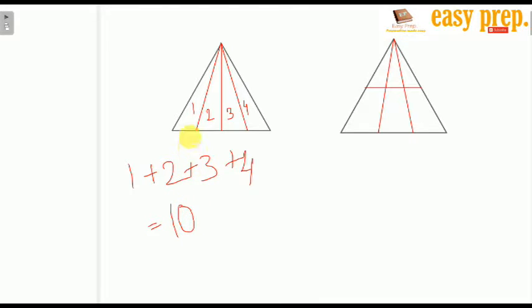Even if I count the figures, we will get the same number, friends. See 1, 2, 3, 4, and then this triangle 5, and then this triangle 6, and then the center triangle 7, and this small triangle 8, and this small triangle 9, and the whole triangle 10.